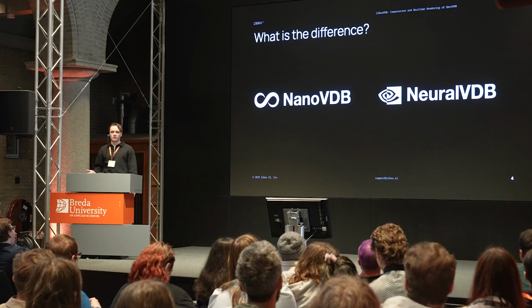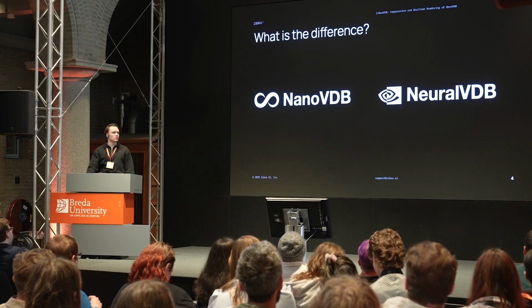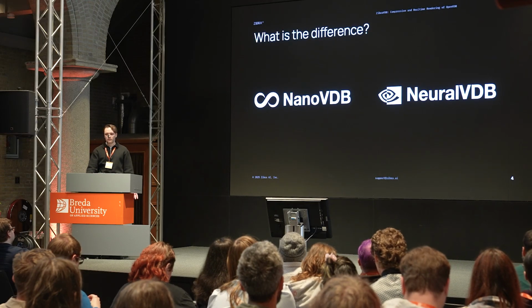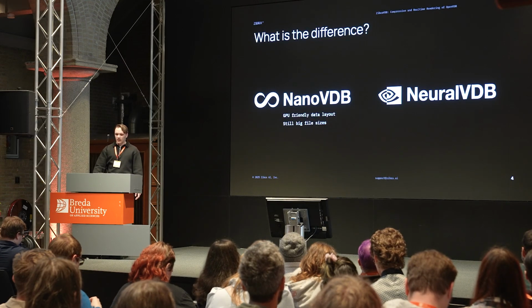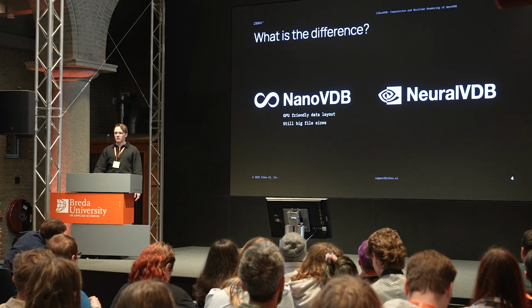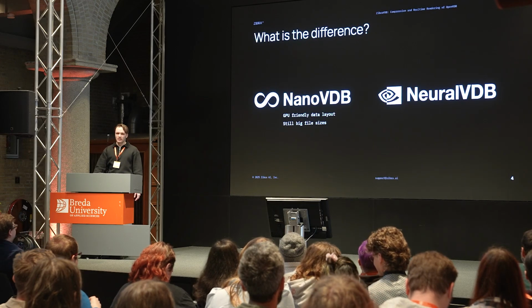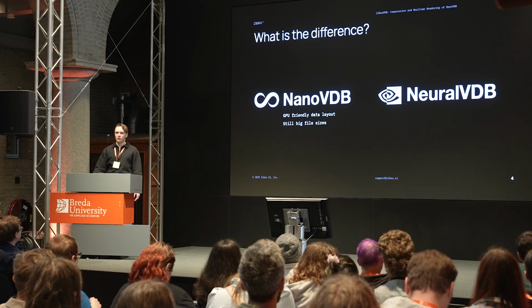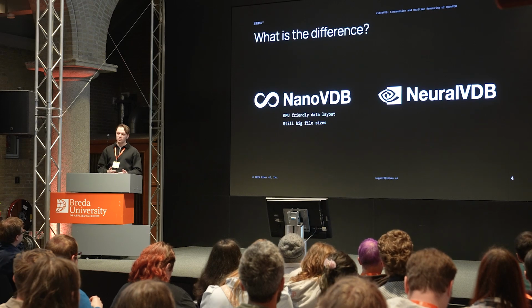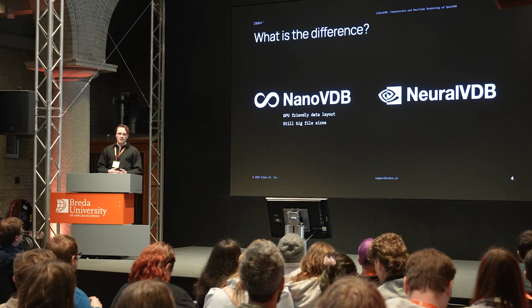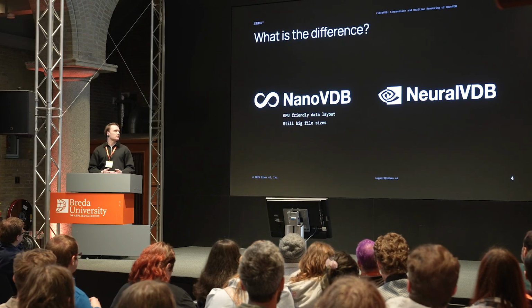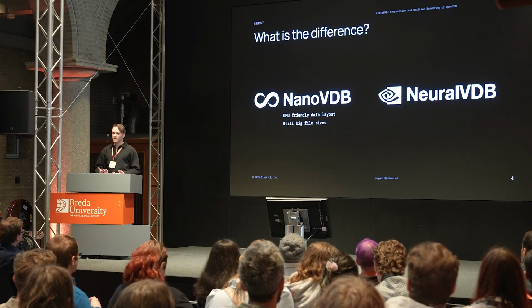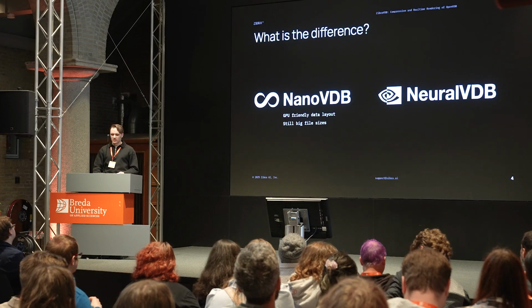You could have heard of technologies such as NanoVDB and NeuralVDB and how different they are from ZibraVDB. Is it another VDB technology? Well, first of all, NanoVDB doesn't really change a lot. It's just a different layout for volumetric data, which is friendly with the GPU, but it doesn't really accelerate anything. It does not allow you to have rendering of VDB in true real time, so it doesn't change much.